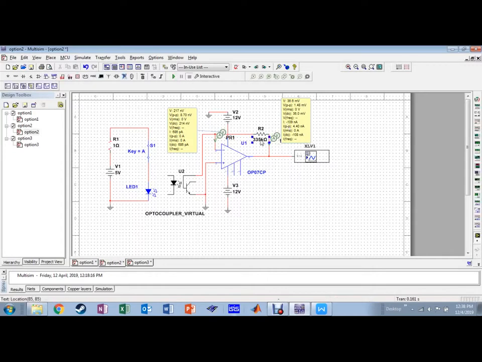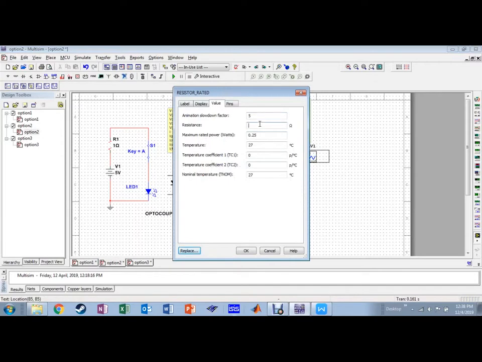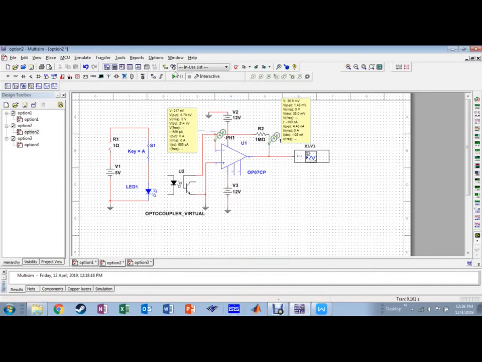Okay, let's try for 1 mega. Okay, the voltage and the current at point D, the voltage and the current at point F, they are slightly changed in both values because we changed the values of R2 ranging from 50k to 1 mega.